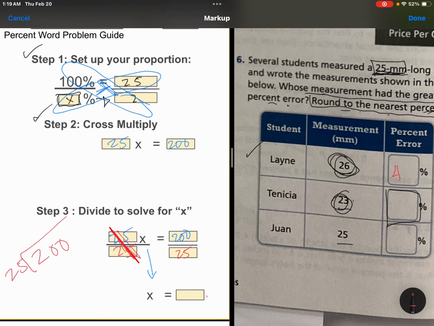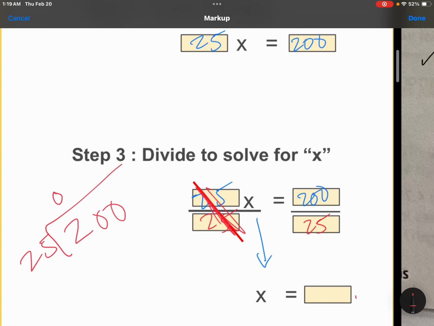All right, how many times does 25 fit into 2? 0, nothing. So 25 times 0 is 0. Subtracting, get 2 again. I'm dropping a 0. I get 20 now. How many times does 25 fit in 20? Again, not even 1, so multiply and I get 0. I drop a 0 here, and I have 200. How many times does 25 fit in 200?